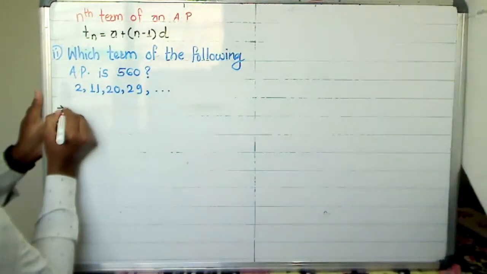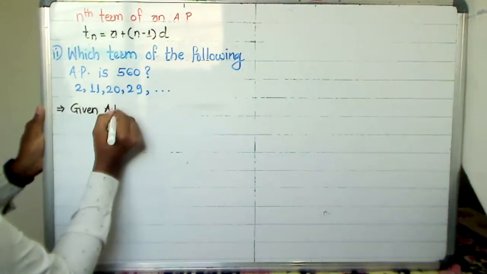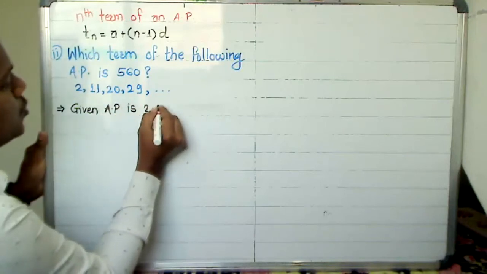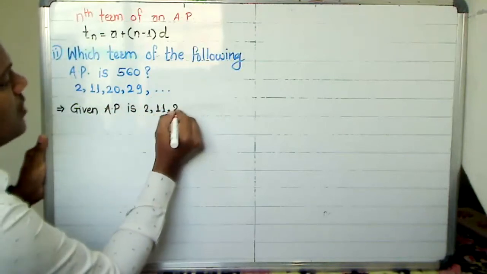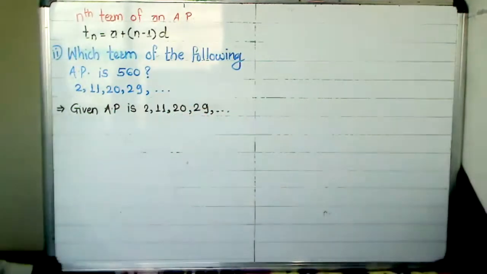First, write the given AP. The given arithmetic progression is 2, 11, 20, 29 and so on.